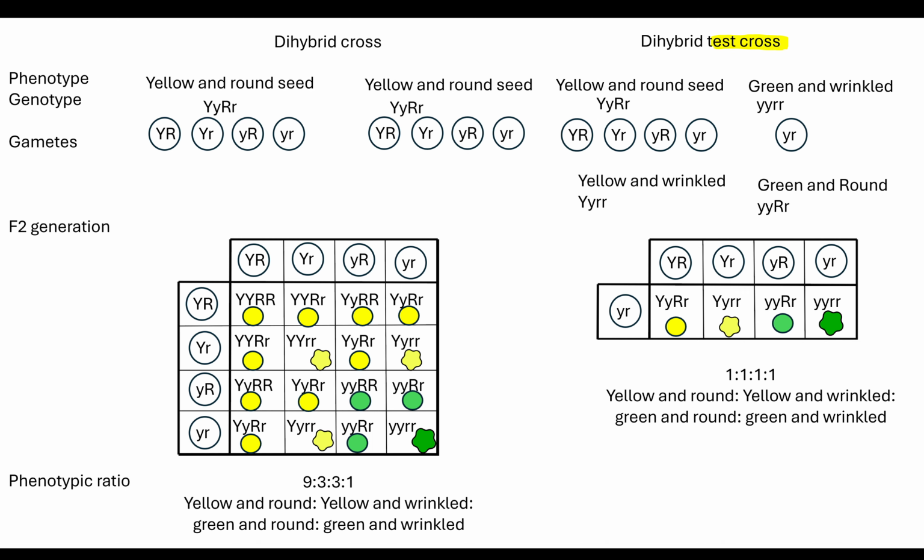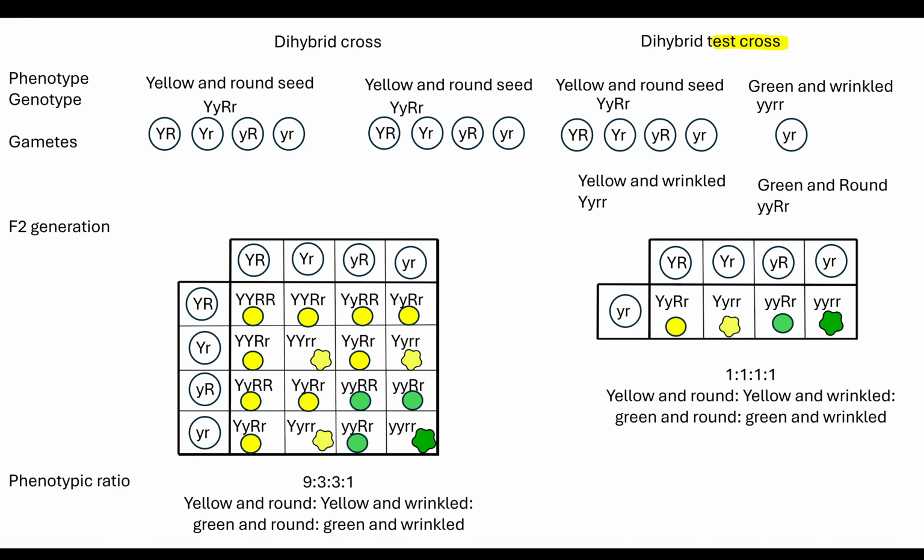So the first individual is heterozygous for the yellow color, but homozygous recessive for the wrinkled. The second individual is homozygous recessive for the color green and heterozygous for the shape round.